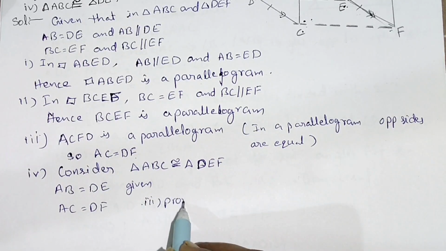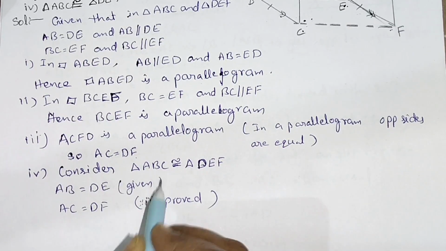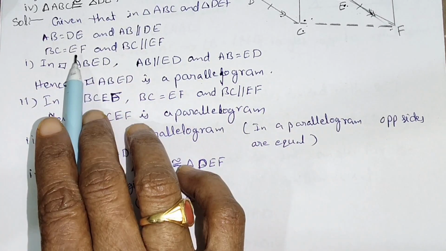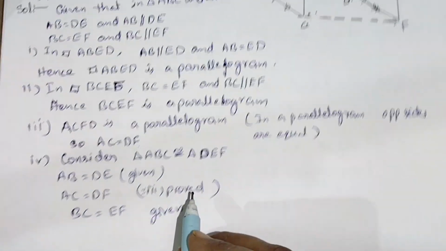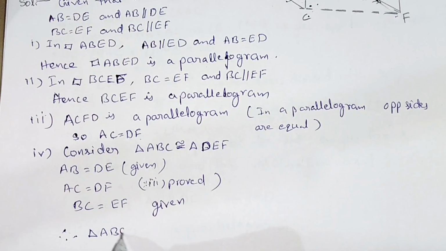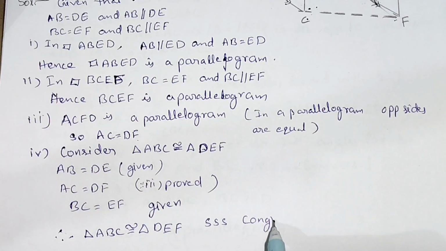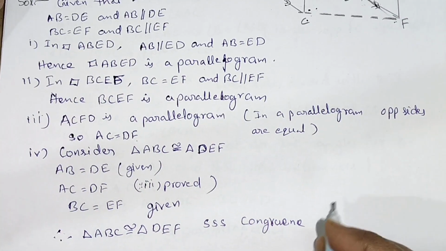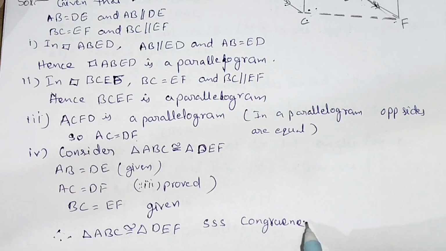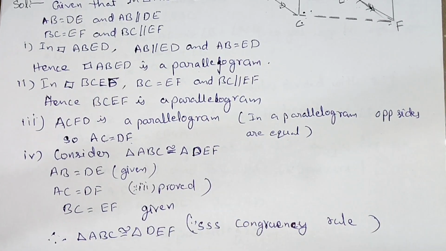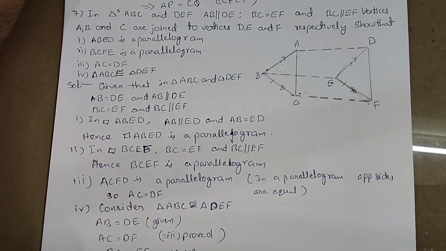Next, BC equal to EF, given. Therefore triangle ABC is congruent to triangle DEF by SSS congruency, since three sides are equal. So this is the seventh one complete solution.